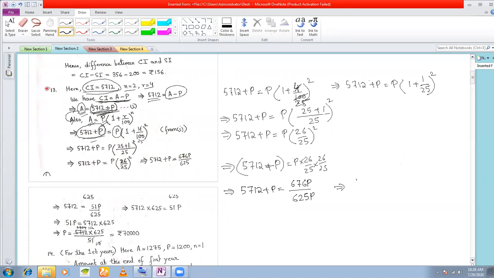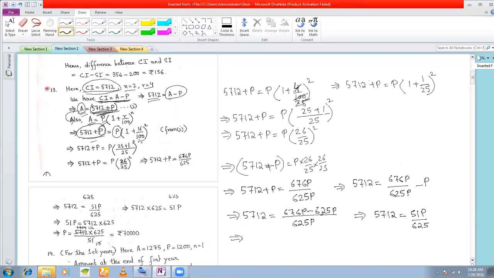Now I take all the P's on one side. 5712 is equal to 676 P by 625 minus P. I take the LCM. 51P by 625.